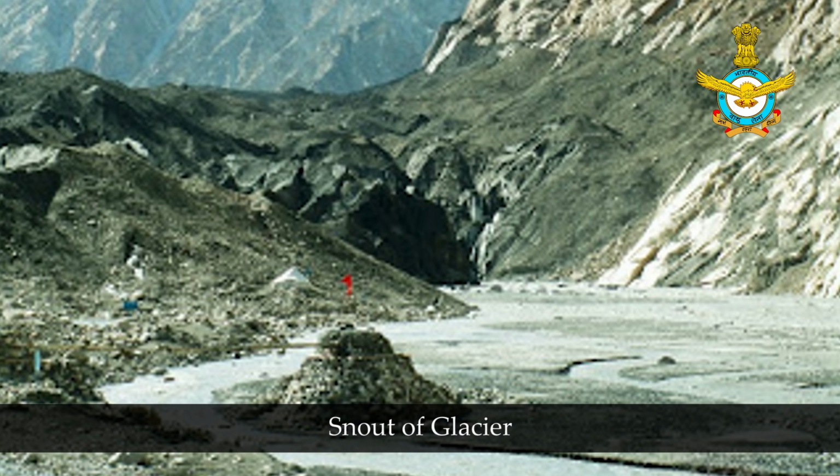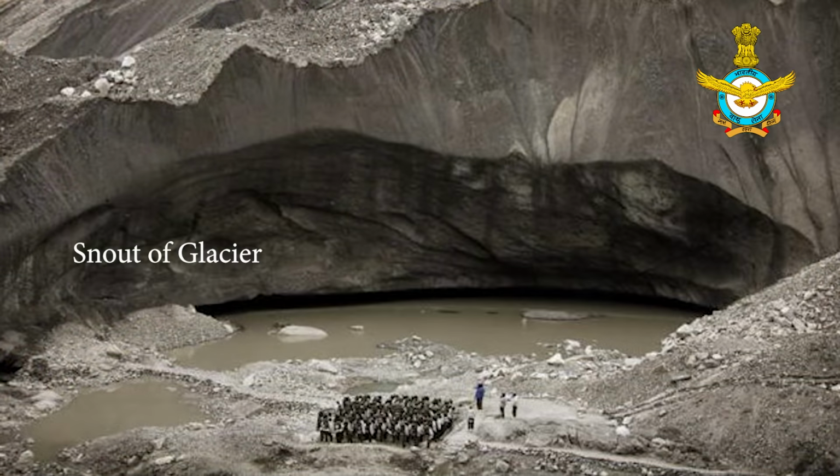It's black, thick moraine. You know, it carries rocks because the glacier moves every year a few centimeters. But the ruggedness or the menacing effect can be seen from this slide as you go and get close to the snout. It's huge. And from below it starts the Nubra River.